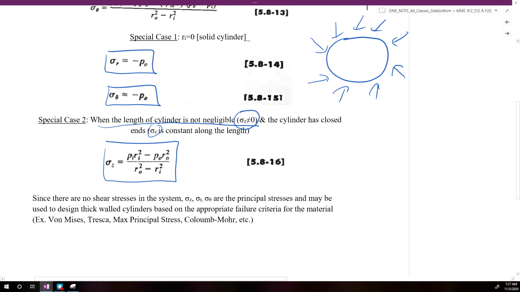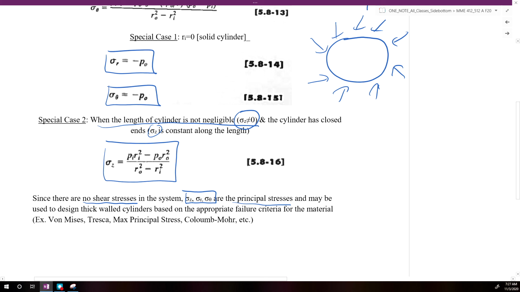In the case of a thick-walled cylinder, since there's no shear stress in our system, our normal stresses, sigma z, sigma r, and sigma theta, are your principal stresses. Okay, and you can use those three normal stresses as your principal stresses to design thick-walled cylinders.